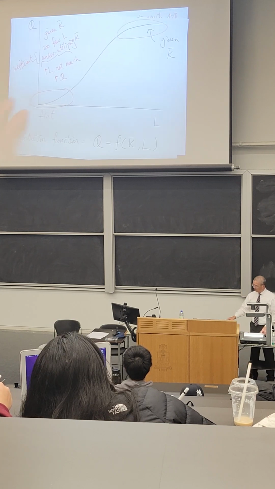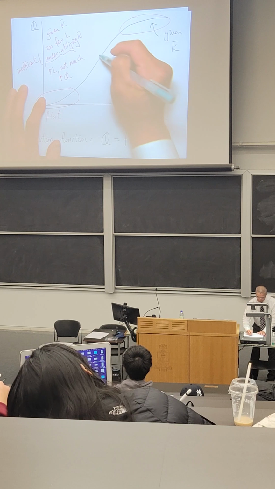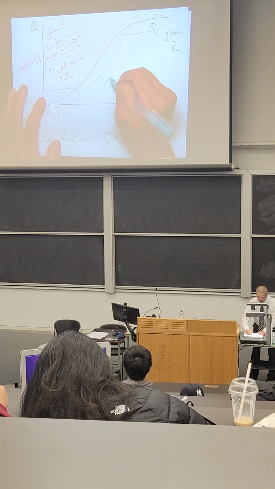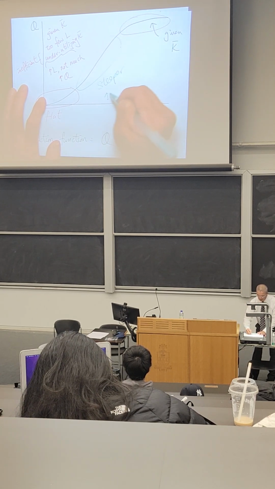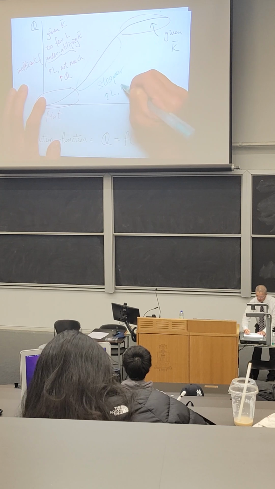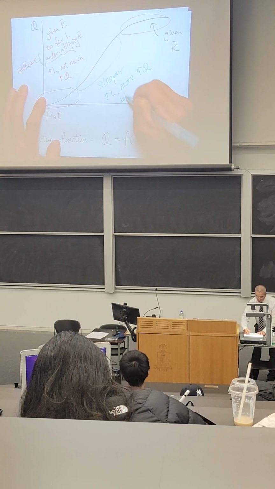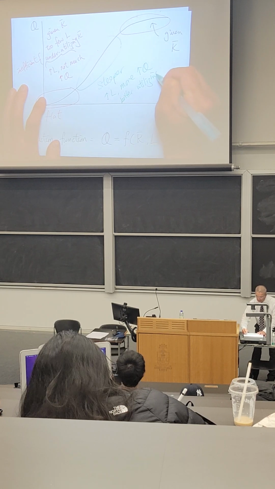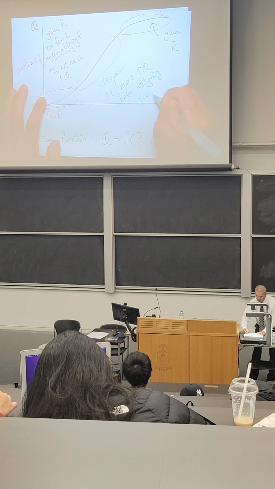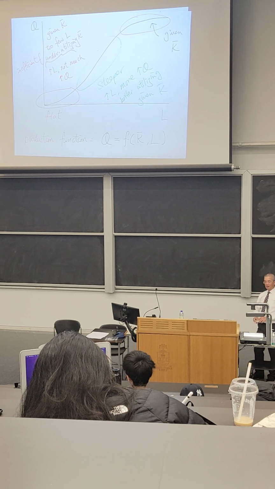And now, in the middle section, this is steeper because with increased labor input, you get more increase in output because you are now better utilizing that given factory size.